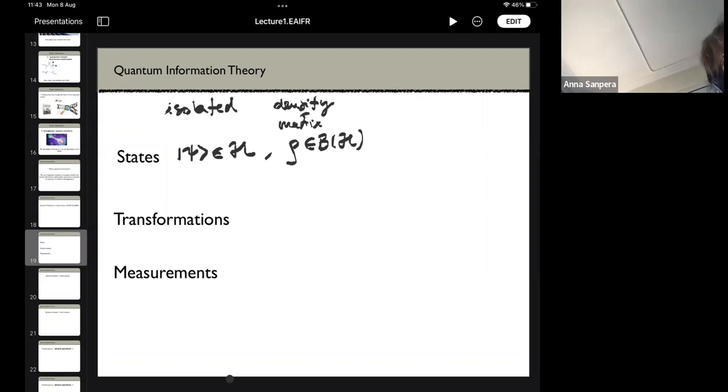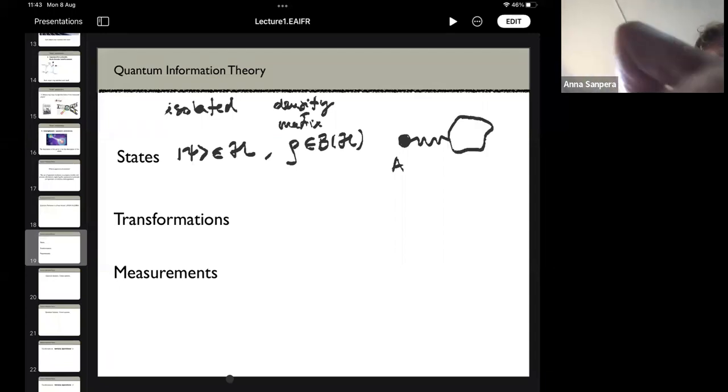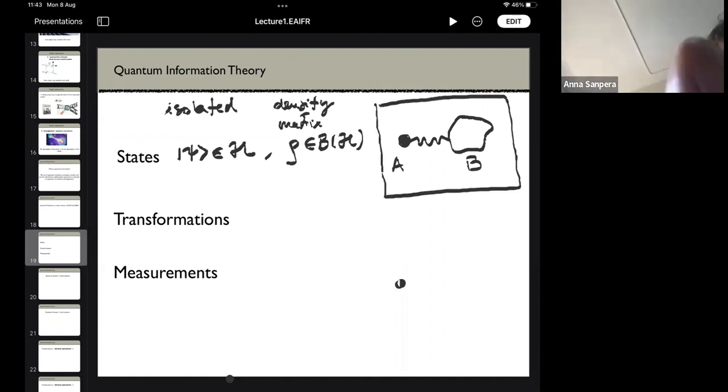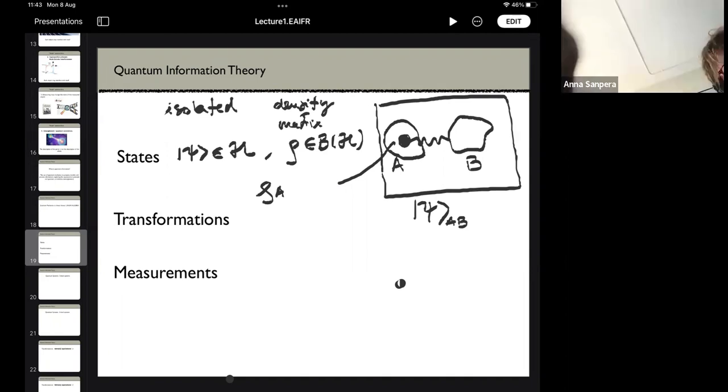What does this mean? It means that if we have a system A which is interacting with another system B, which can be the universe, and the whole universe is closed and described by a vector AB, but we cannot observe the whole universe and want to observe only part A, then this part will be described by a density matrix because we have to trace out the universe.